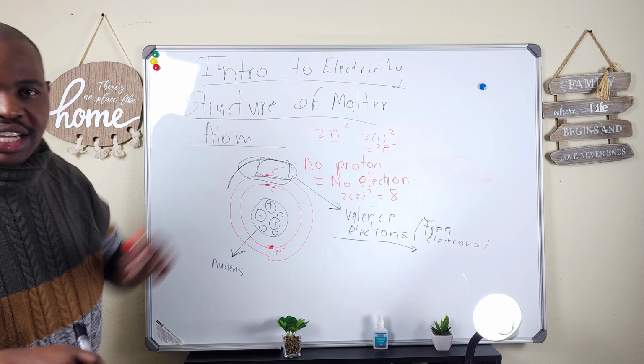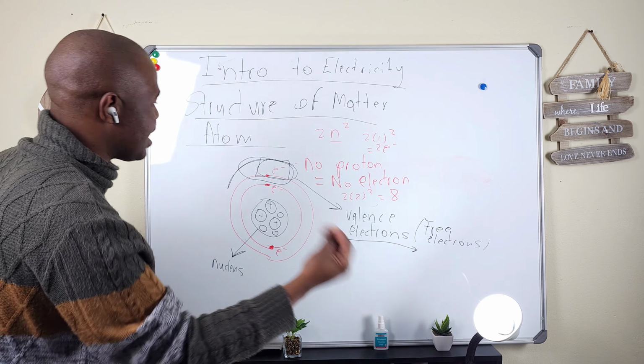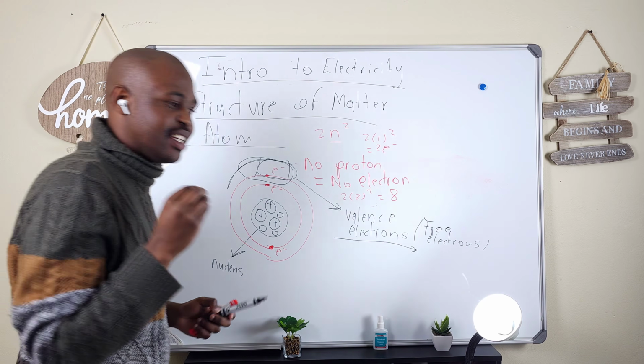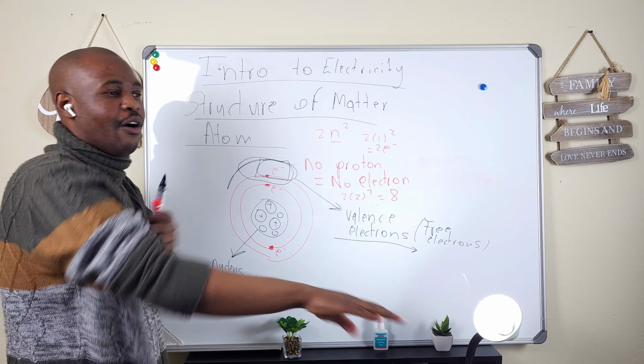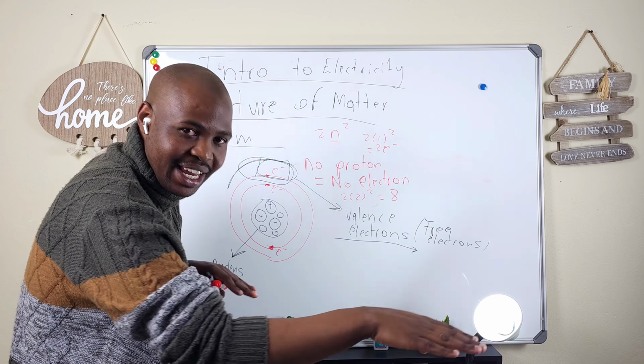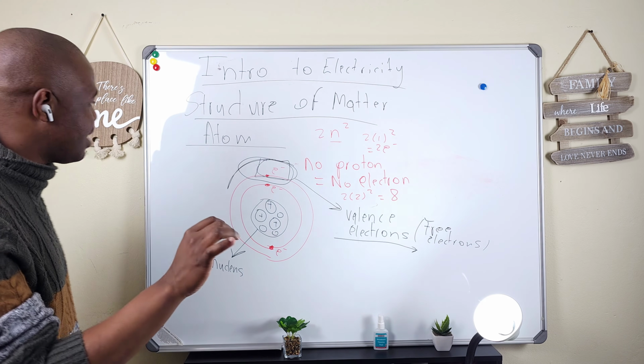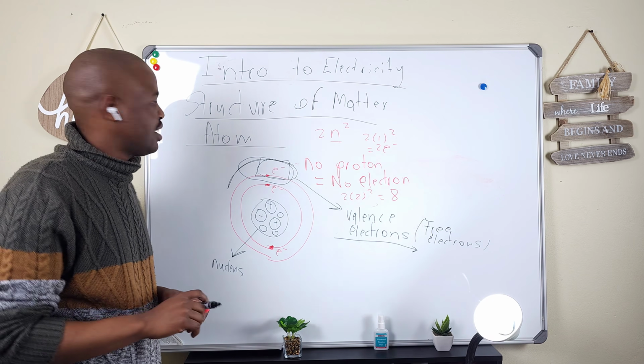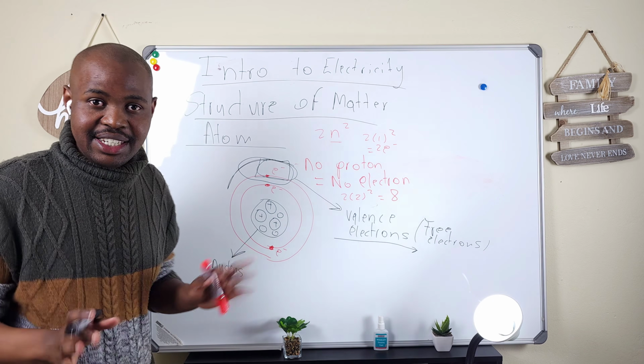Based on that definition, electricity is the movement of electrons through a material in a specific direction. That is what electricity is.